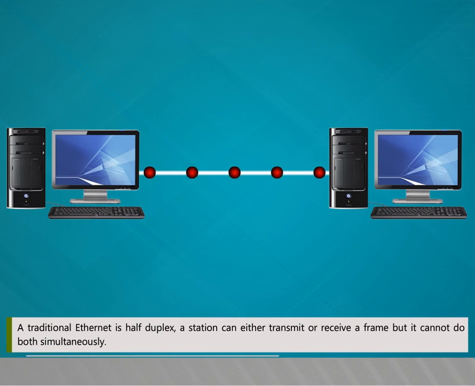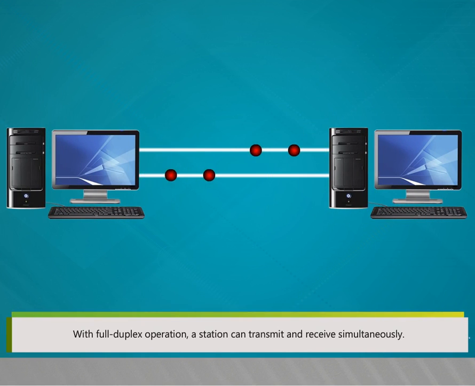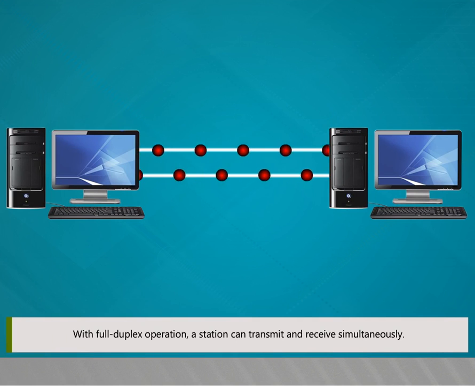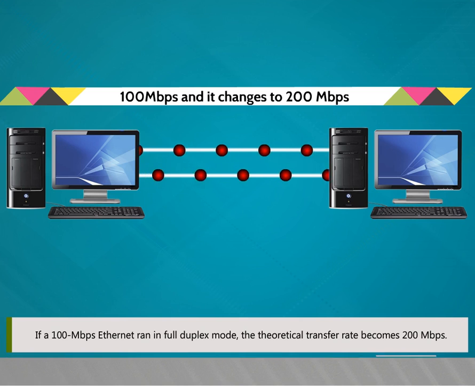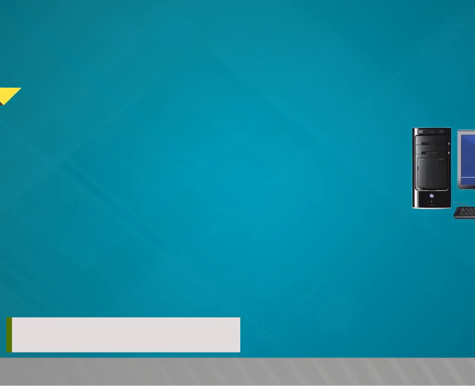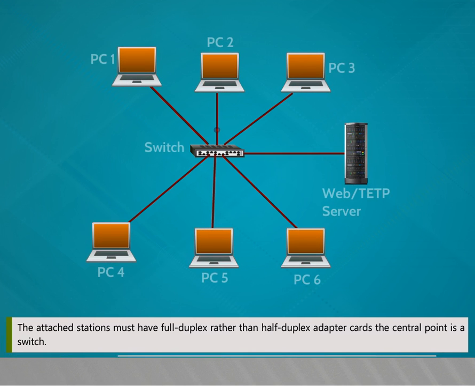A traditional Ethernet is half-duplex. A station can either transmit or receive a frame, but it cannot do both simultaneously. With full duplex operation, a station can transmit and receive simultaneously. If 100 Mbps Ethernet ran in full duplex mode, the theoretical transfer rate becomes 200 Mbps. The attached stations must have full duplex rather than half duplex adapter cards.